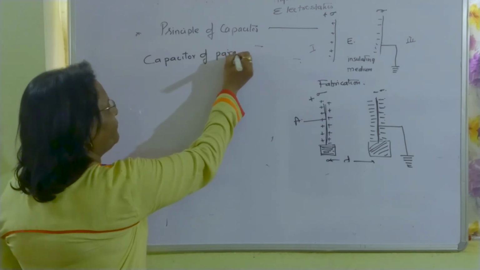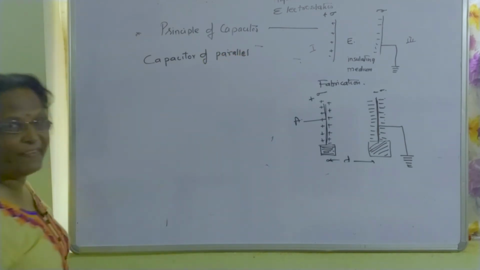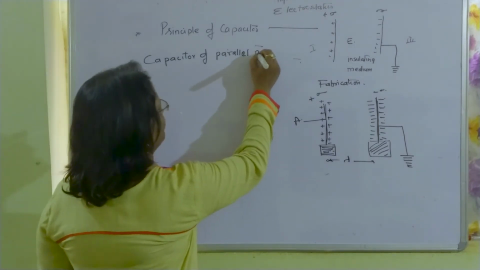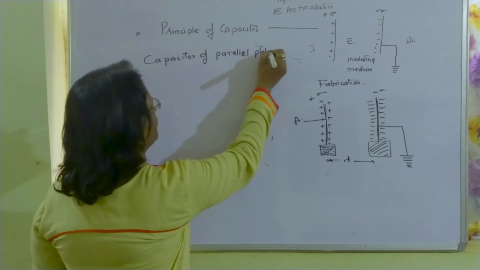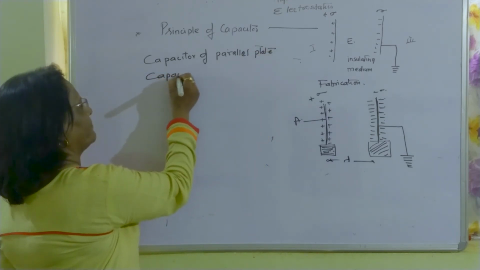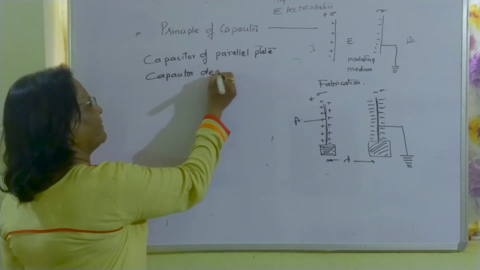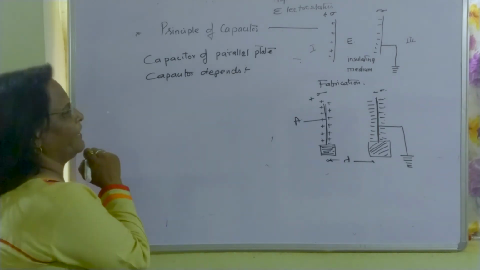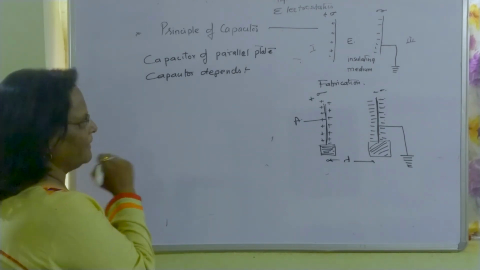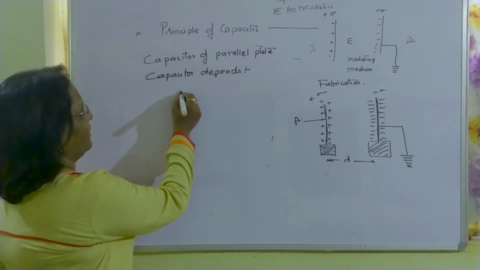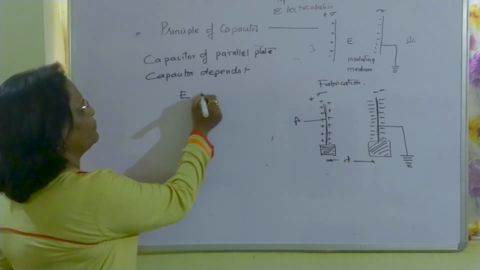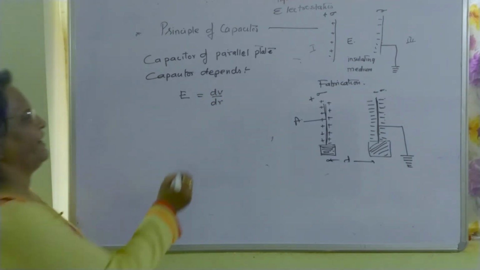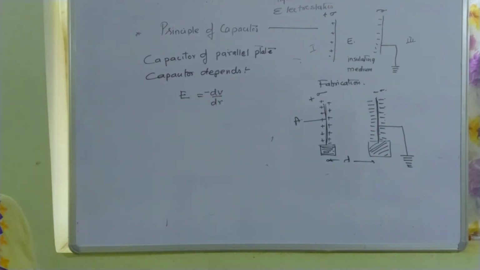We have to find one very specific thing: on which factors the capacitance of a parallel plate capacitor, or any capacitor, depends. For that, first we will find the potential. We know that E equals dV upon dr. We have studied that the electric field is the negative gradient of potential.